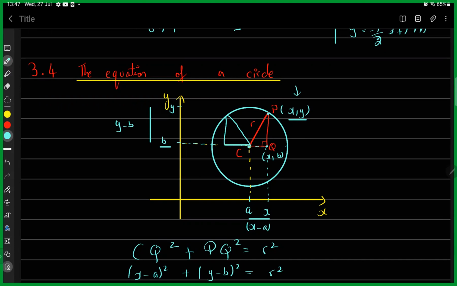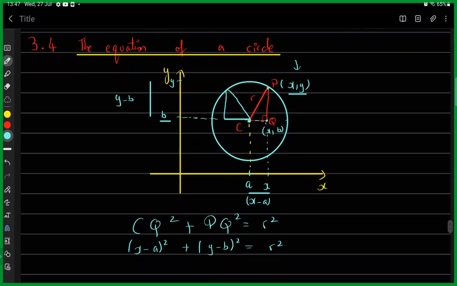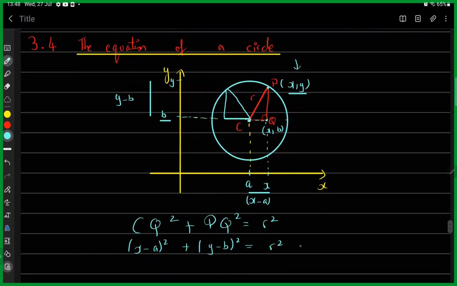You can make this right angle triangle anywhere, but obviously the hypotenuse side has to be the radius and every other thing would be sorted accordingly. And every time you derive it by yourself, you would get something of a similar type. So this is basically the derivation of the equation of the circle.